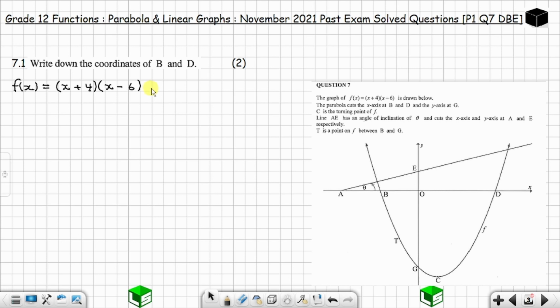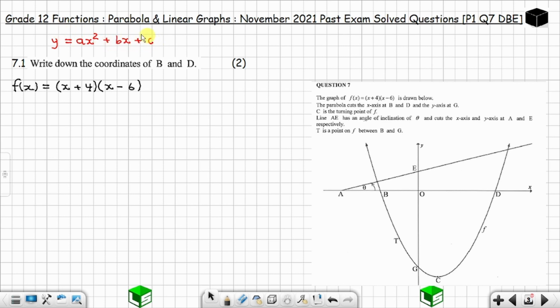Before I can continue solving this question, I want you to know the different types of equation of a parabola. When they are given in this form and the other form, you should be able to tell from the equation what the letters represent. So the equation of a parabola can be given as y is equal to ax squared plus bx plus c.